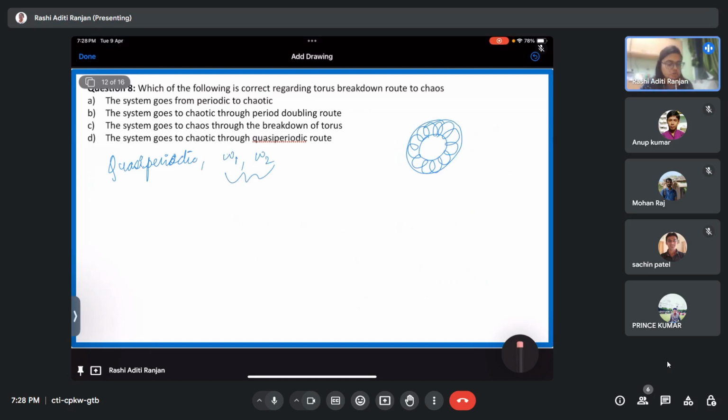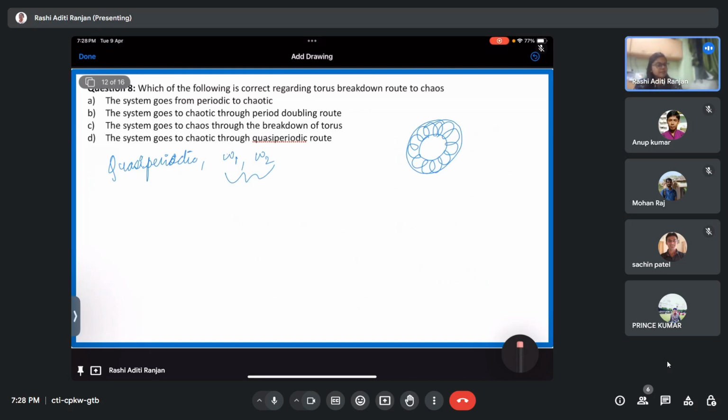When I talked about the route to chaos, I discussed three routes: the period doubling route to chaos, the quasi-periodic route to chaos, and the intermittent route to chaos. In the quasi-periodic route to chaos, my system was having a quasi-periodic behavior.